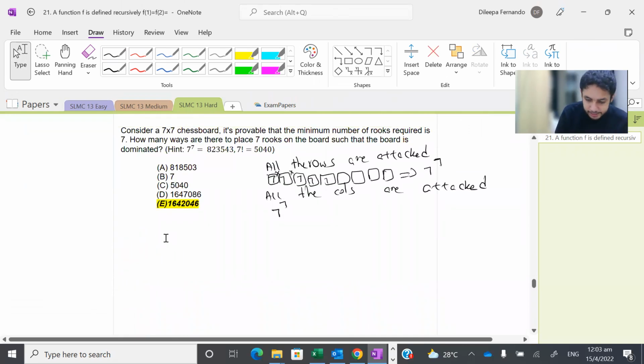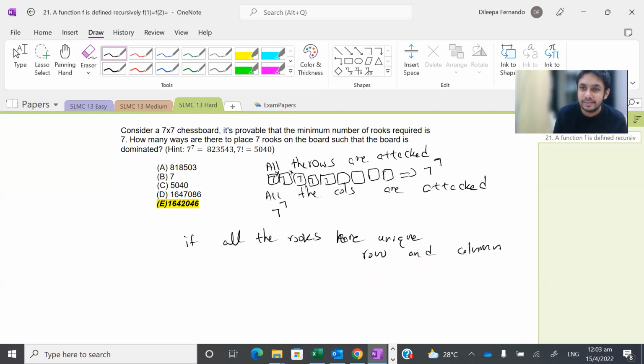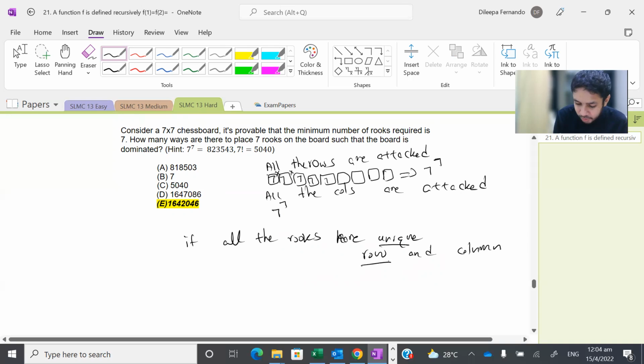If they have a unique row, that means all the rows are attacked.